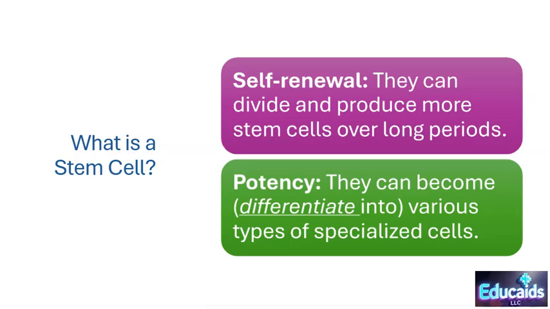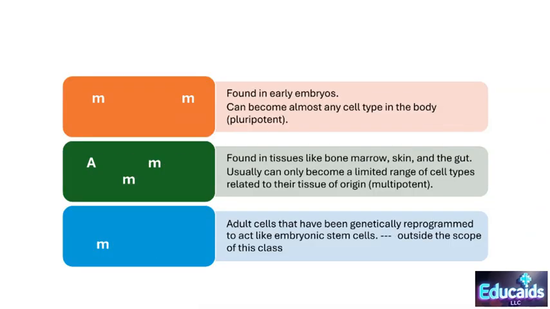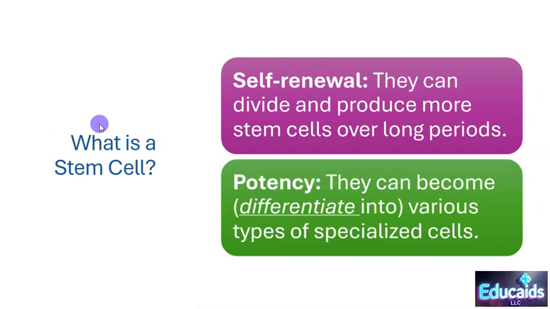All right, so let me come down here to this example. Oh, no. Okay, we're going to kind of change gears and kind of talk about stem cells here. Stem cells, what are stem cells? Well, they self-renew. They keep regenerating, and they can keep regenerating over long periods of time.